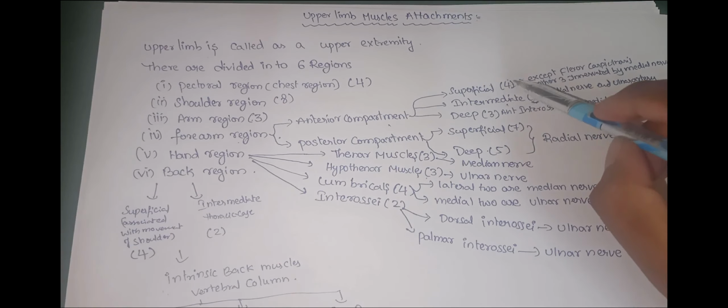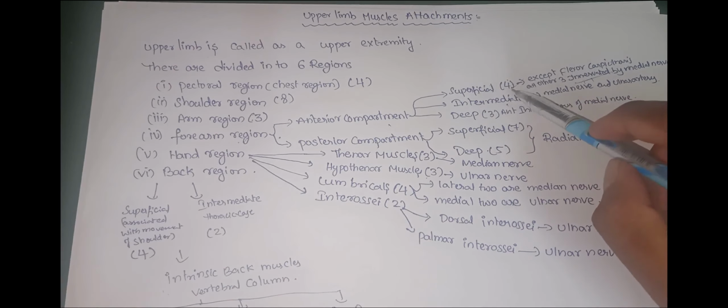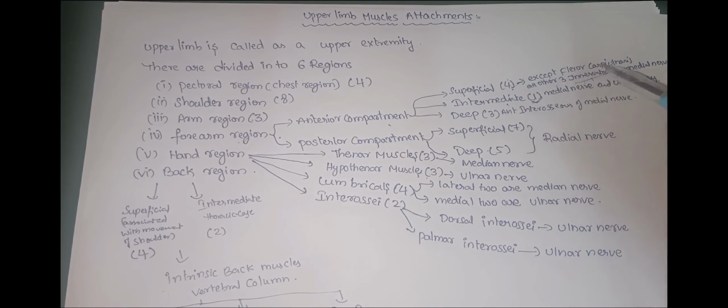Okay, so let us learn their innervations first. In the superficial group there are 4 muscles. Except flexor carpi ulnaris, the remaining 3 muscles are innervated by the median nerve.